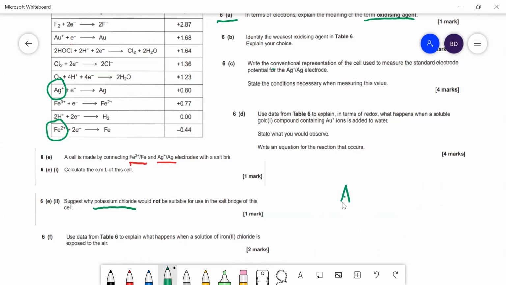Ag plus will form a precipitate with halide ions. You get AgCl precipitate. So that would be no good, because you'd want to keep your Ag plus solution at 1 mole per decimeter cubed, because that's the standard conditions. If you got some chloride in there, it would precipitate out the silver, and the concentration of it would drop, and it wouldn't give you an accurate result.